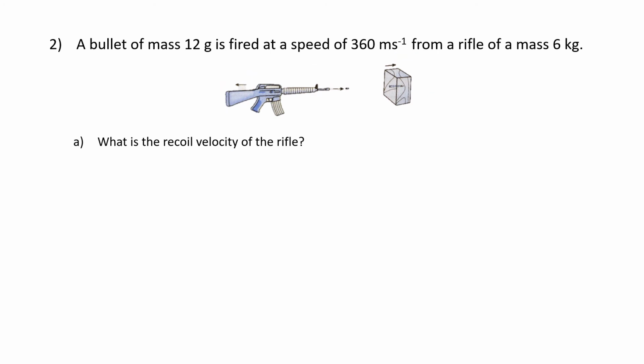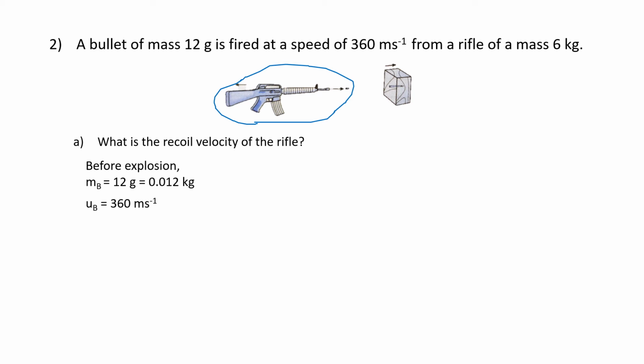Let's solve part A first, the recoil velocity of the rifle. This situation is an explosion, so we need to know the situation before the explosion. Before explosion, we have the mass of bullet, which is 12 gram, so we need to convert to the SI unit, kilogram. The initial velocity of the bullet is 360 meter per second.